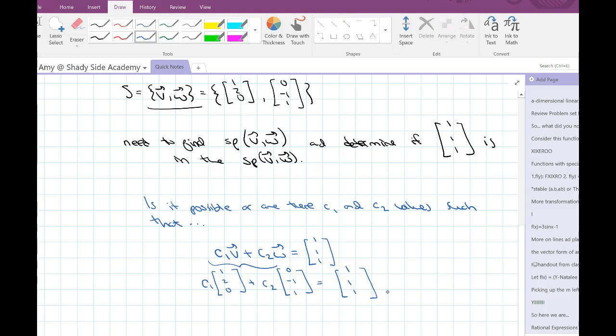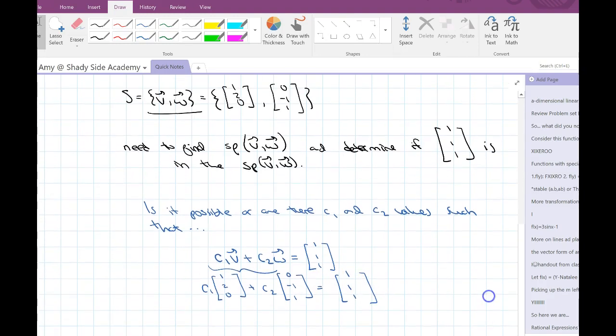What's interesting here is I want you to see that I'm looking at a span of two vectors in 3 space. So before we dive into the math for a second, the span of 2 3-dimensional vectors in R3, I know the span because these vectors are non-collinear. The span is going to be planar, right?